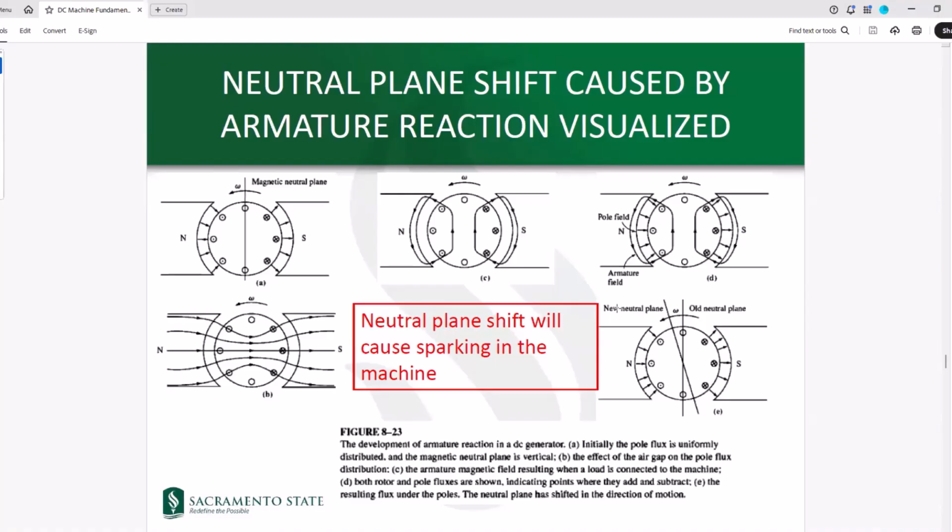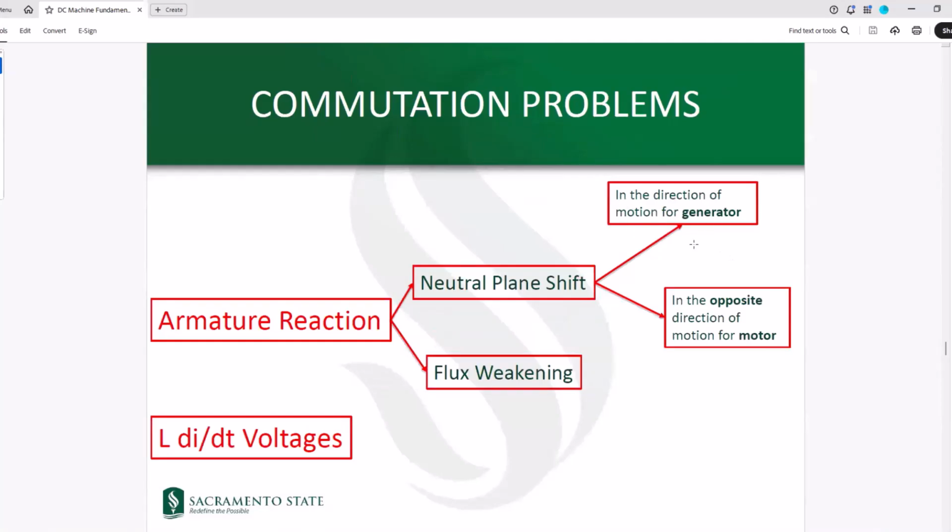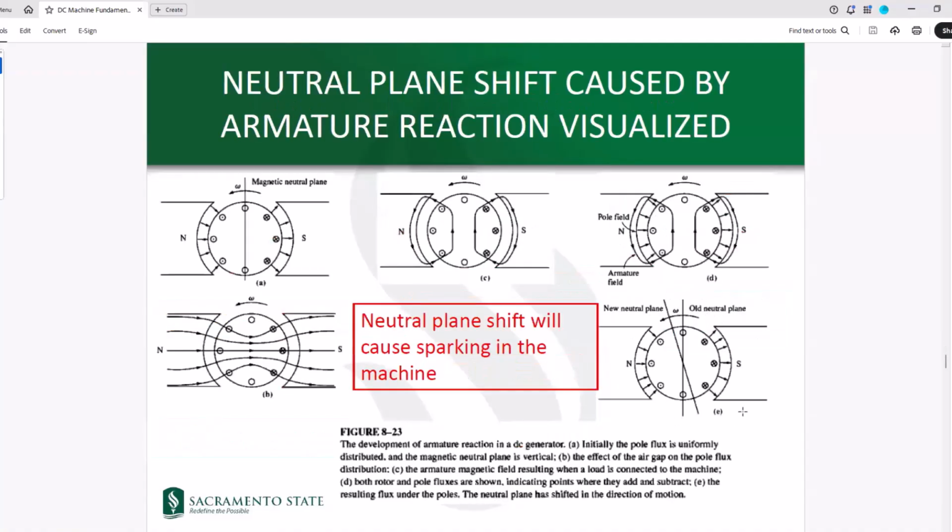This plane shift, based on Lenz's law and the electromagnetic rules that we already studied, is in a way that for generator operation would be in the direction of motion. So you can see that here, based on the fact that your omega is counterclockwise and your neutral plane has shifted to the left, what would be the operation of this machine?